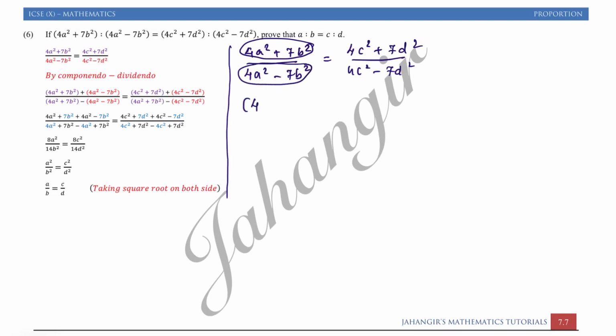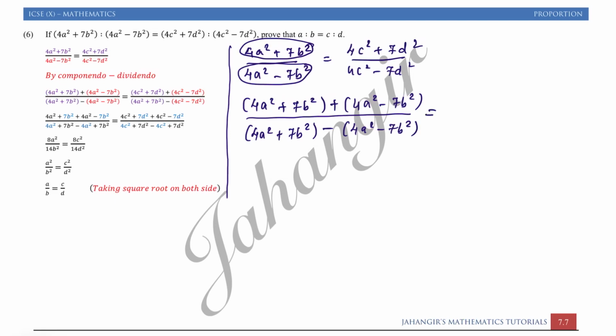So we will write the numerator, that is 4a square plus 7b square, plus the denominator, 4a square minus 7b square, whole upon 4a square plus 7b square, in between I have to write minus, 4a square minus 7b square, that is equal to, for the right side the same way, 4c square plus 7d square plus 4c square minus 7d square whole upon 4c square plus 7d square minus 4c square minus 7d square.